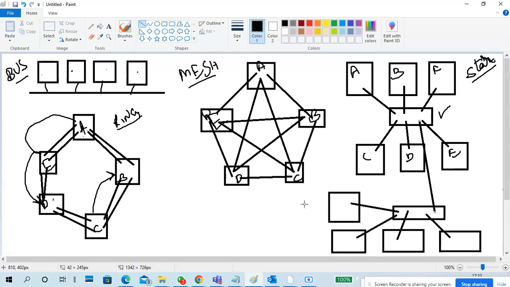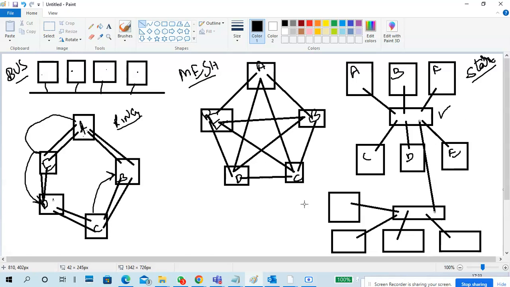Compared to star topology, mesh topology is highly redundant. It means if a device or a wire is broken or down, no problem, all are still communicating with each other, but it is very difficult to scale, and it is complex. Star topology is not complex. Star topology depends upon a centralized device.